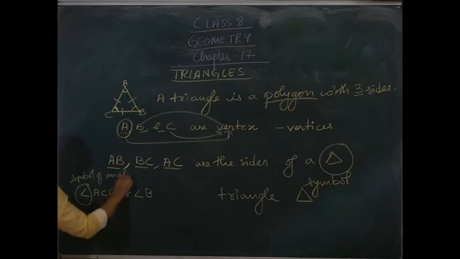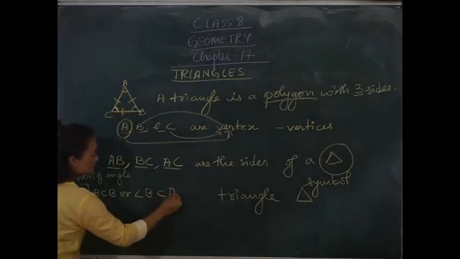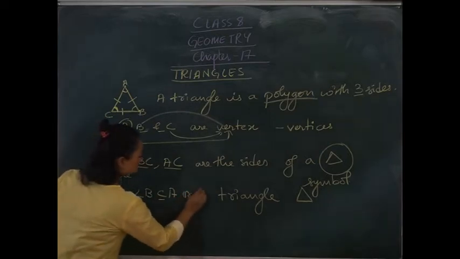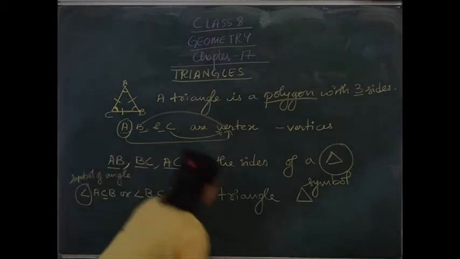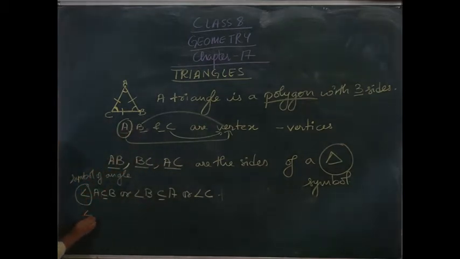Angle ACB or angle BCA. So what has to be in between? The vertex. You can write any letter first, doesn't matter whether you write A or B, but the vertex has to be in the middle. Or you can just name it by the vertex, so angle C.